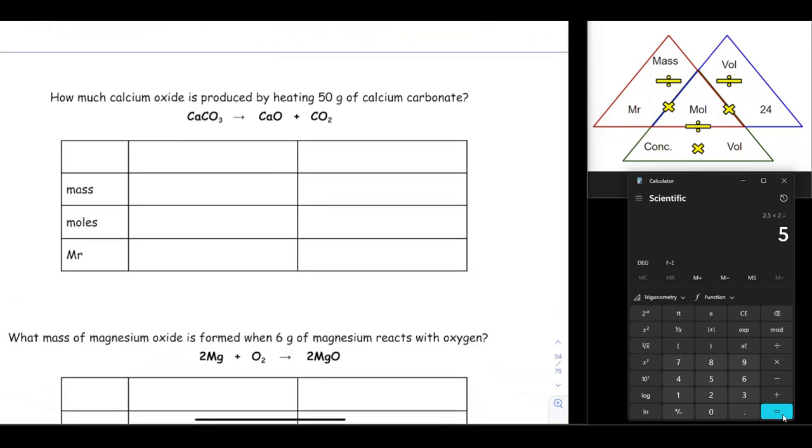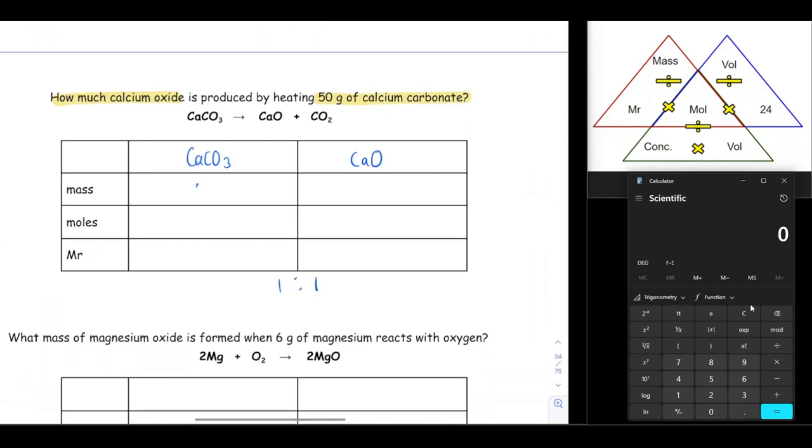How much calcium oxide is produced by heating 50 grams of calcium carbonate? So they're asking us to work out the calcium oxide, and they've given us the amount of grams of calcium carbonate. So we've got CaCO3 and CaO, 1-to-1 ratio. Nice and easy.